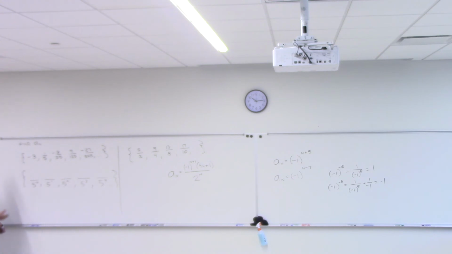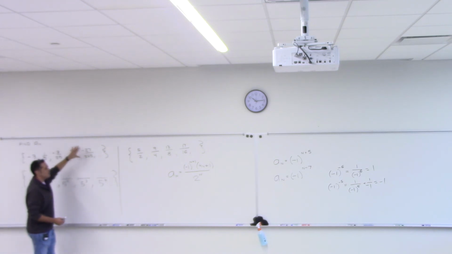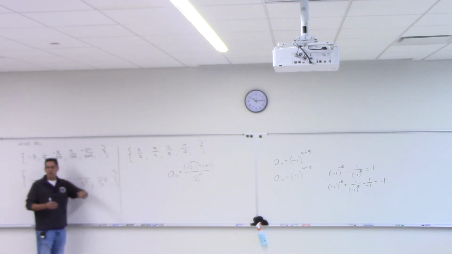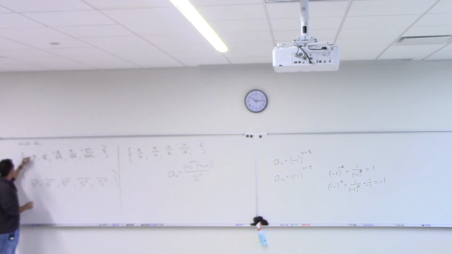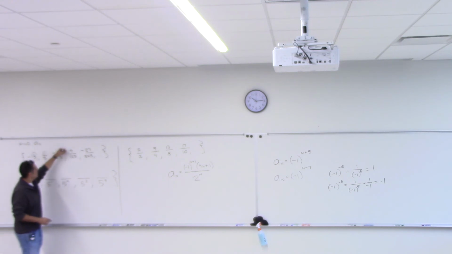What about the numerator? Well, we have alternating. Don't need to worry about the alternating, right? Because we can handle that negative, positive, negative, positive, negative. We can take care of that with a -1 to a power. So really just look at the numbers. 3, 1, 3, 9.